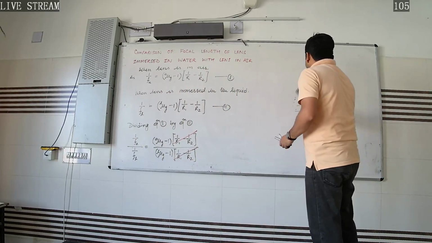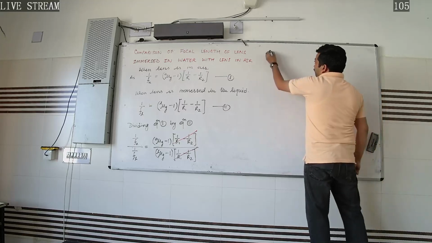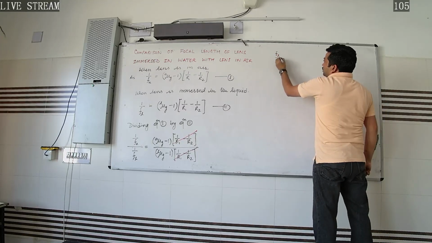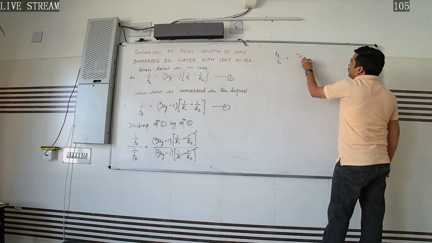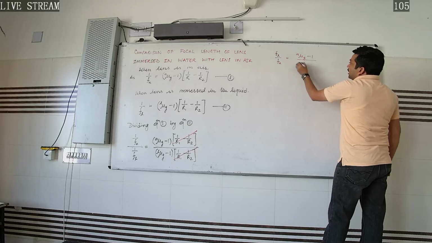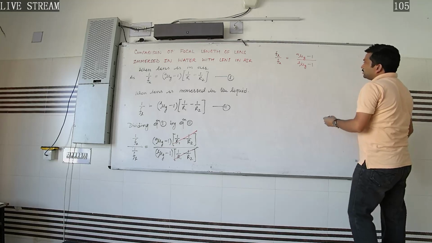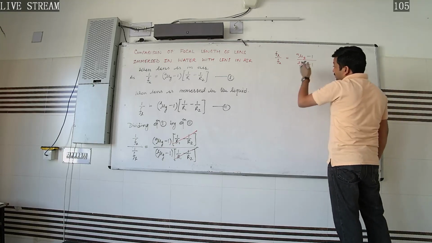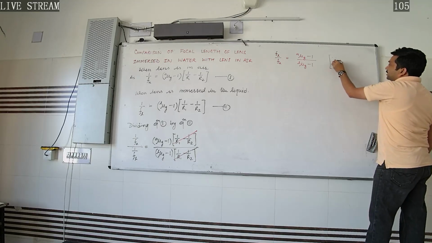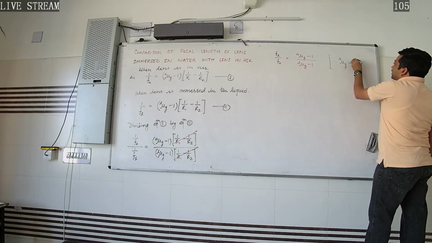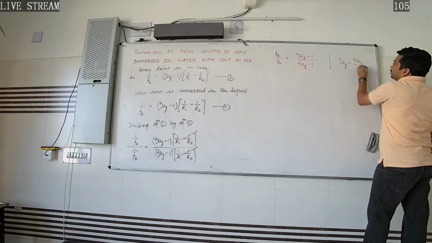So what we get in the next step, FL over FA will be equal to aμG minus 1 over LμG minus 1. So this is the required formula, and we can further elaborate it. But this LμG is the relative refractive index of the glass with respect to liquid. So we can write LμG as aμG over aμL.